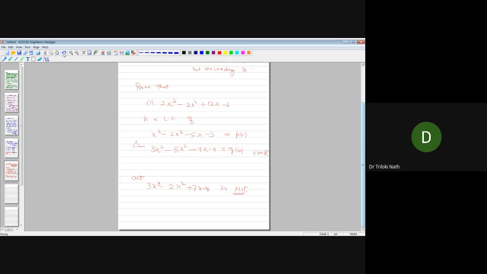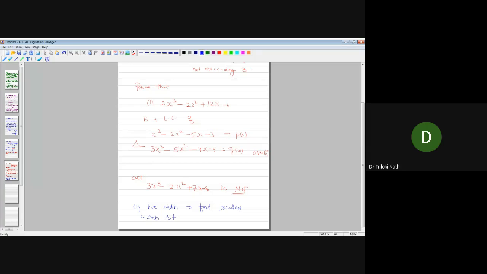Okay, so let us verify. Actually, number 1, what do we want to find? We wish to find scalars a and b such that, what do we want, brother?